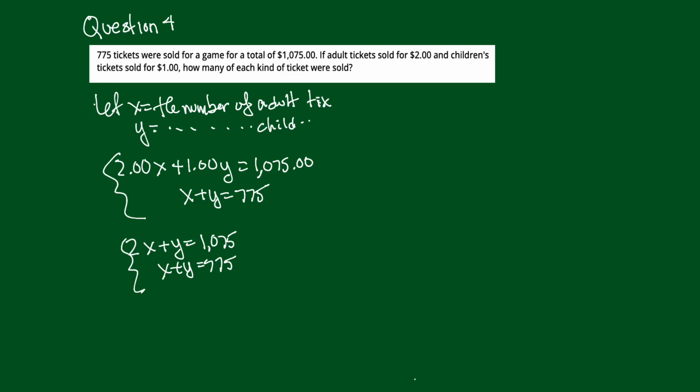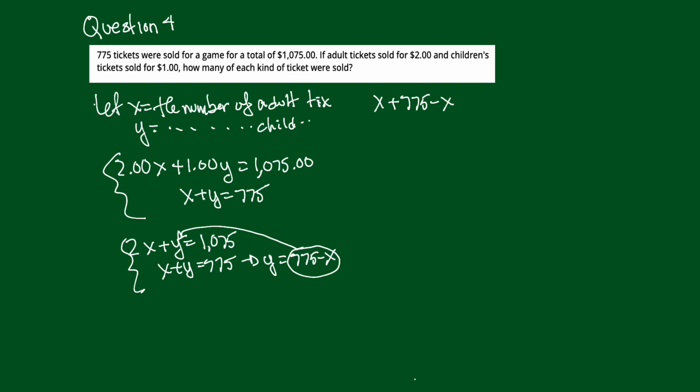Now, we could use Wolfram Alpha to solve this, but this is pretty straightforward. You see this equation right here? What if I solve for y? I get y equals 775 minus x. Now take that 775 minus x, put it right here. I'll do it up here at the top.